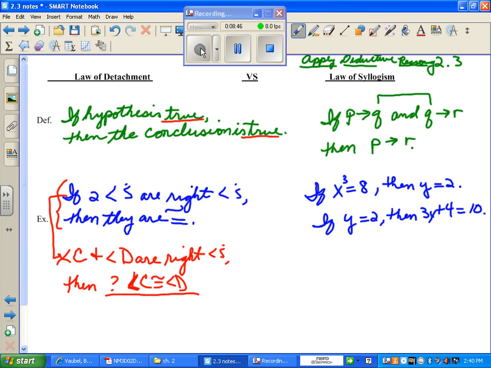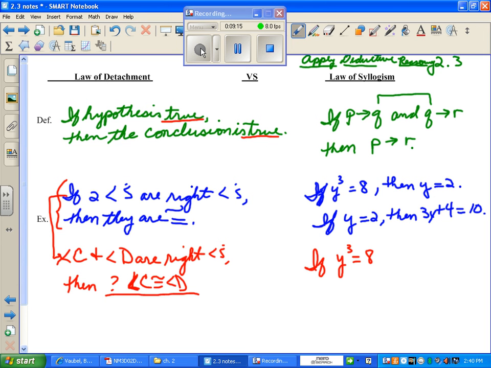So I'm going to go on to state here, if y cubed equaled 8, okay, I've got to back this up. This should have been a y cubed. In the beginning we have if y cubed equals 8, then y equals 2. And we go on to say if y equals 2, then 3y plus 4 equals 10.